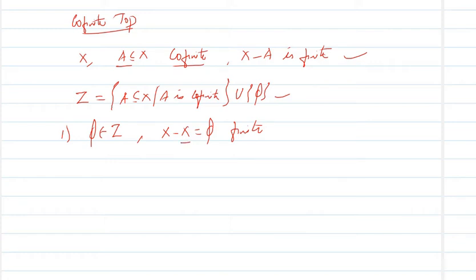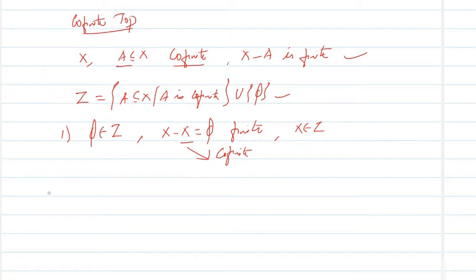So this X is cofinite. How do you get that? This is like X minus A is finite, that means A is cofinite. Clear? So X is cofinite. So phi already belongs to tau, and now X also belongs to tau.